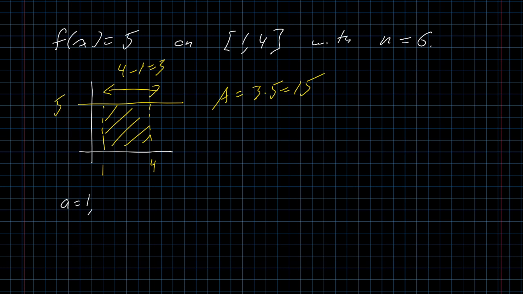A is 1, B is 4, which means that delta x is b minus a over n, which in this case is 4 minus 1 over 6, or 1/2.